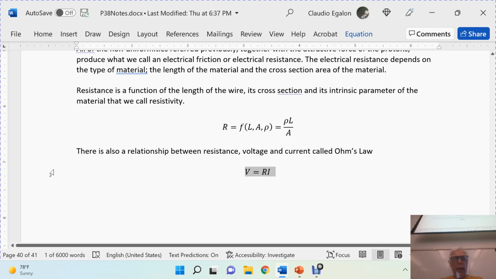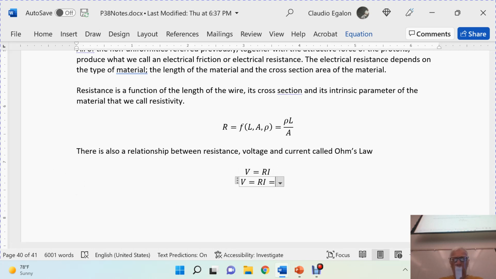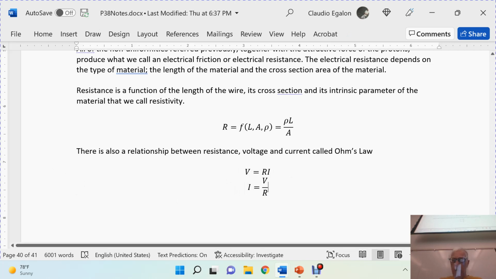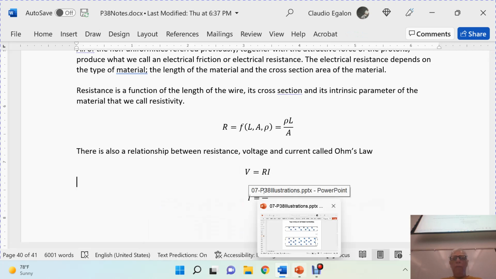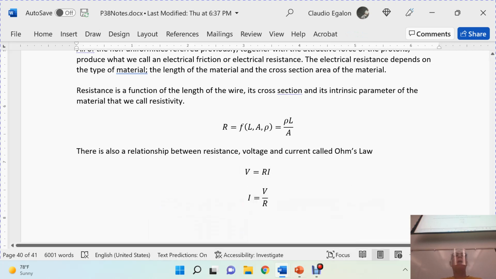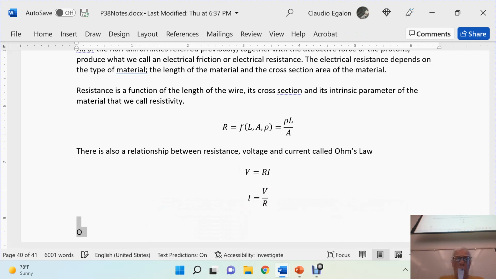Okay, let's write that in a different way. This equation that you see here, Ohm's law, is the result of the fact that the electric field is uniform in the wire. Oh, by the way, it's law between quotes, because it's not an exact law.